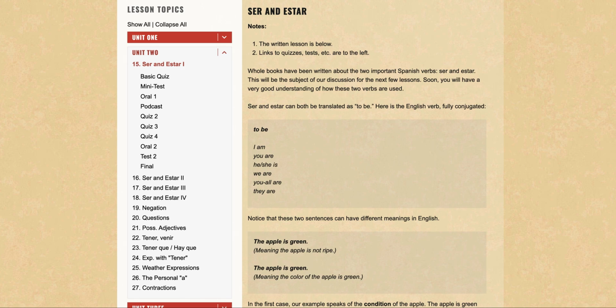Ser is used mainly to address essential characteristics, whereas estar is used to address condition.